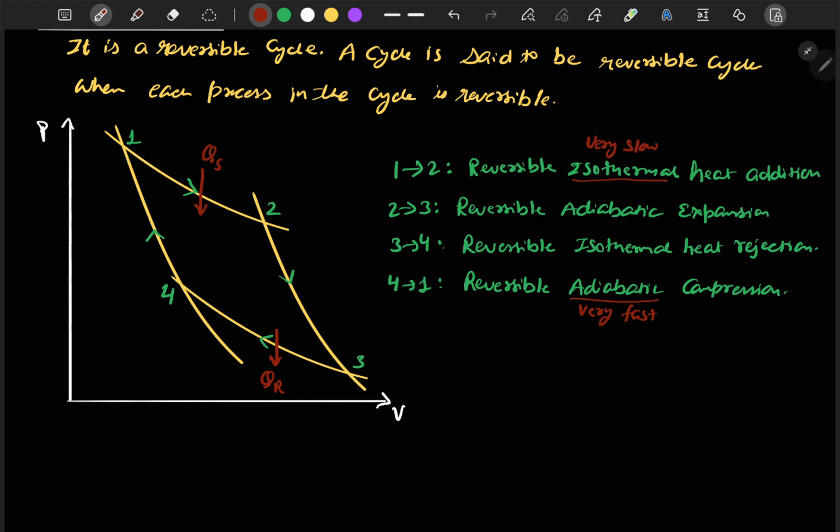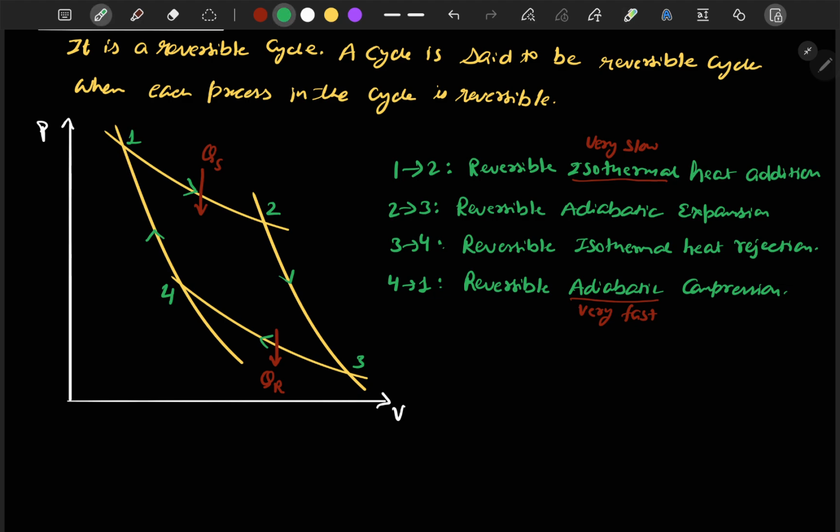So process 1 to 2 is reversible isothermal heat addition. Process 2 to 3 is reversible adiabatic expansion, an increase in volume. Process 3 to 4 is again isothermal, but here the system is rejecting some heat. Process 4 to 1, as you can see, is again reversible adiabatic compression.